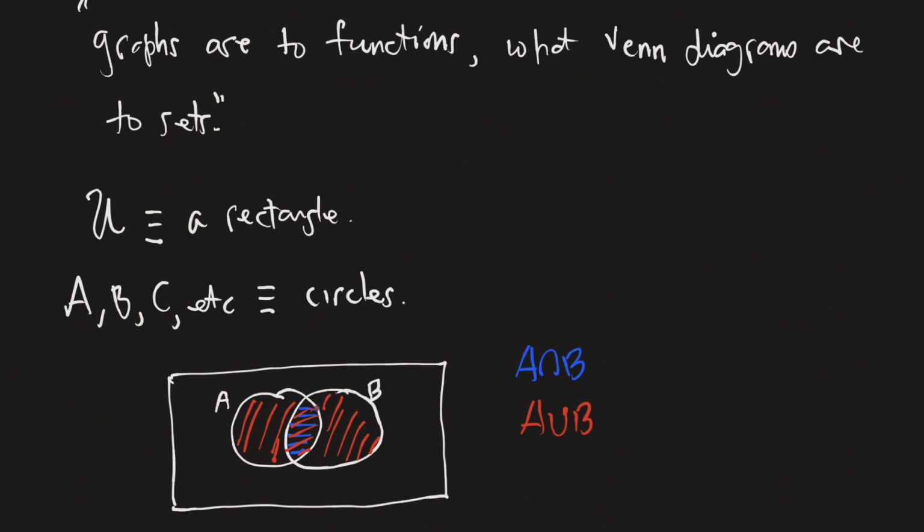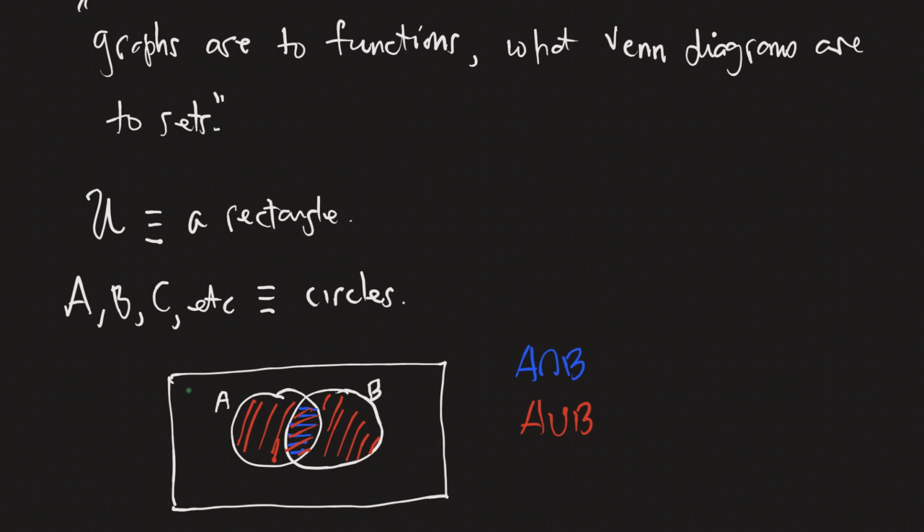I'll do one more on this. What if I wanted to represent the complement of A? The complement of A would be everything outside the A circle. So everything outside of this one would include this part of B and then everything still in the rectangle, because you have to be in the universe.